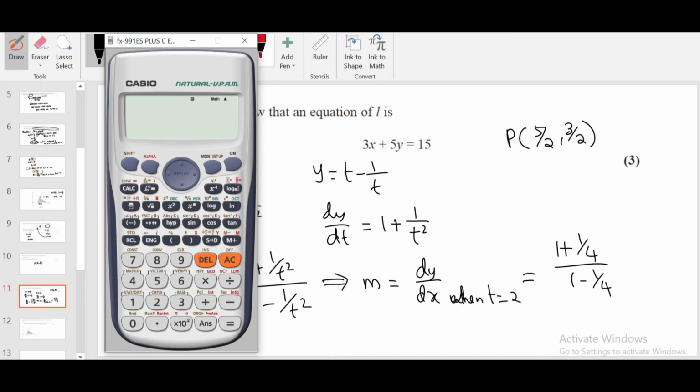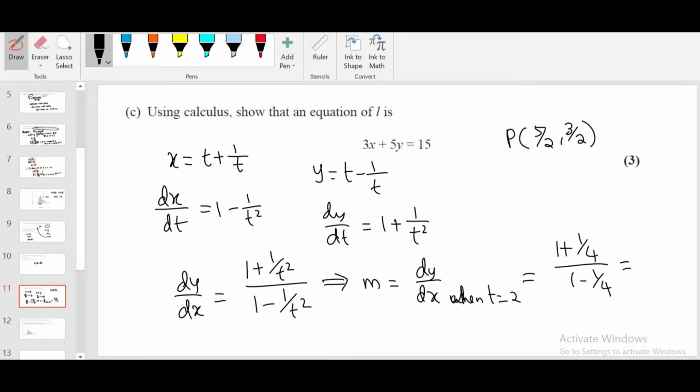So that's basically 1 plus 1 over 4, 1 minus 1 over 4. 5 over 3 is the slope of the tangent. So slope of the normal would be negative reciprocal of it, negative 3 over 5. So we have a slope, we have a point.